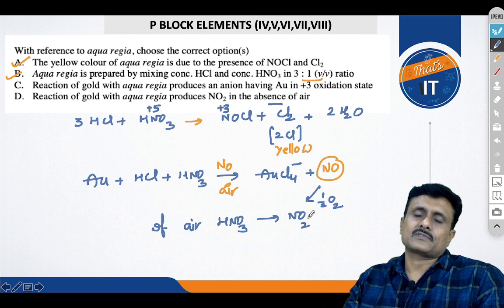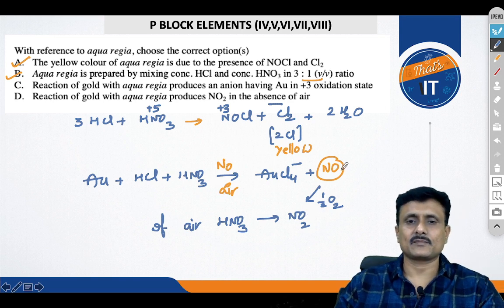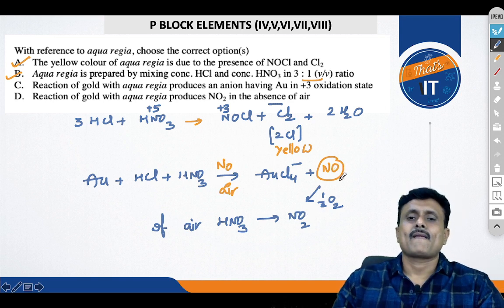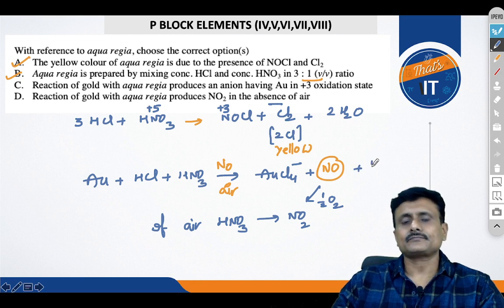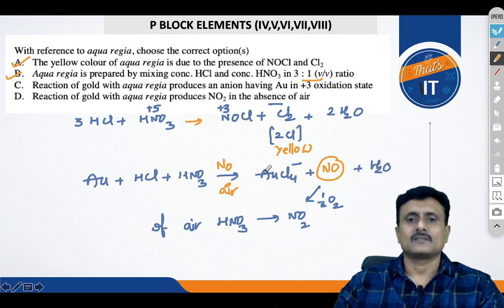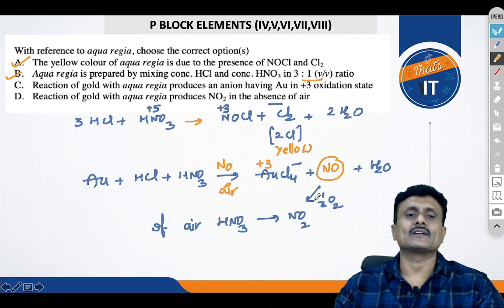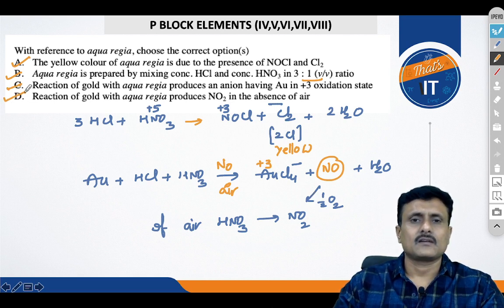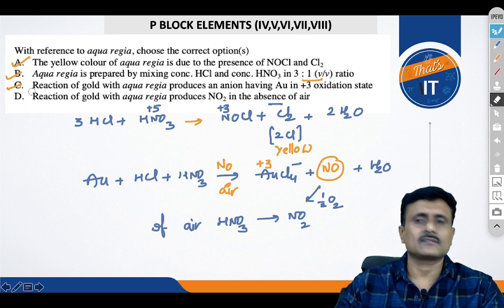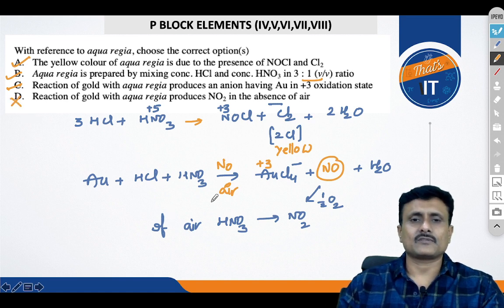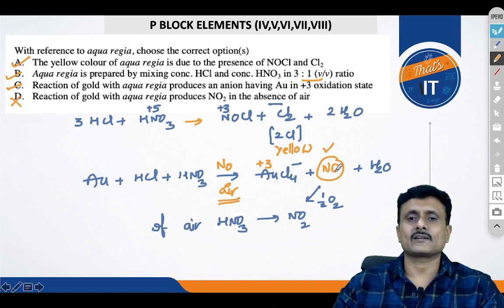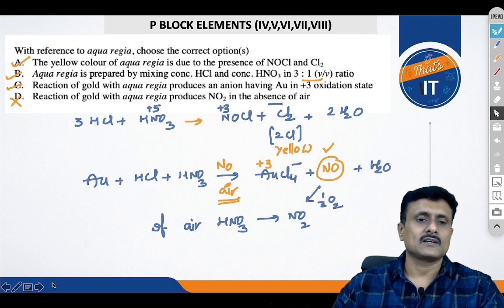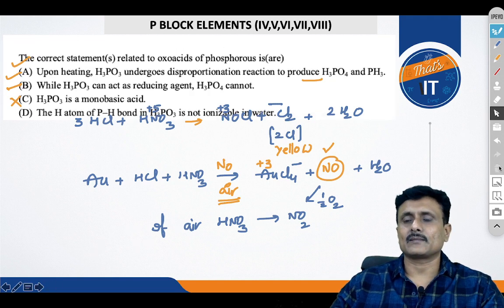So don't get confused. There is absence of air, that means the reaction would stop at what? NO. And you know, in this compound the oxidation number of gold is +3. So option D is incorrect because in the absence of air you will be getting nitric oxide but not nitrogen dioxide. So don't make a mistake.